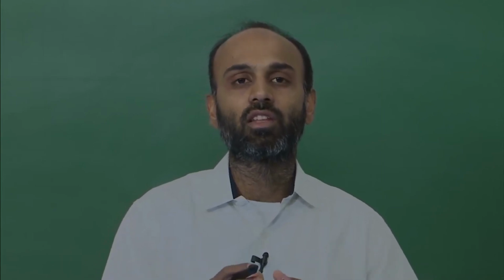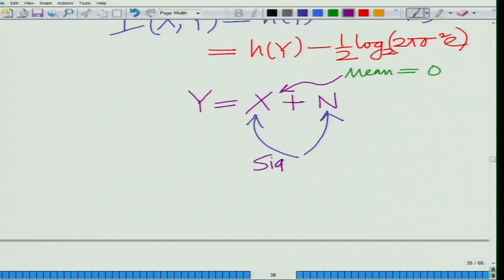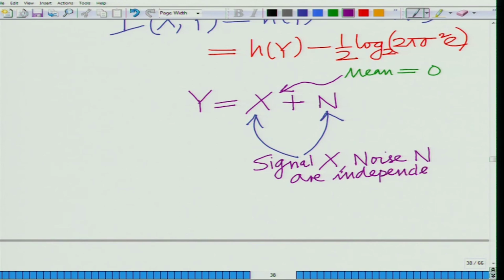The signal and noise come from different sources, and different mechanisms give rise to them, therefore these two random variables are independent. That is one of the fundamental assumptions.